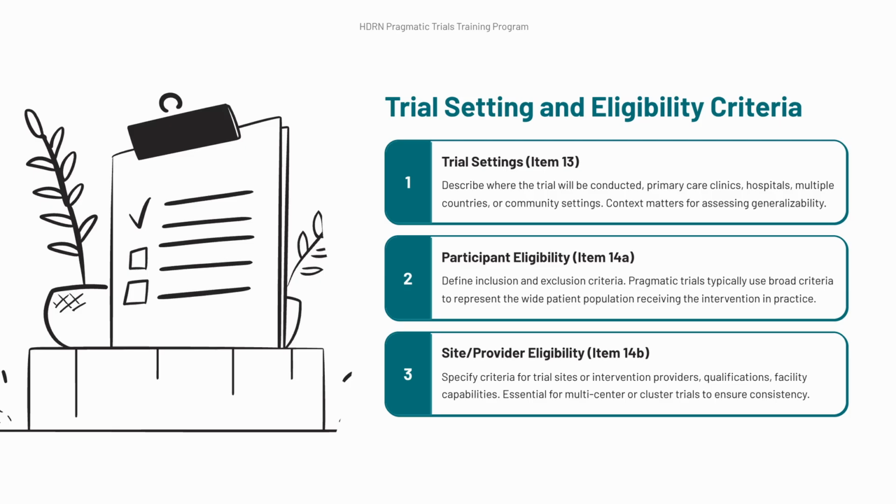Next, items 13 and 14, where we describe the setting of the trial, the context, locations, and eligibility criteria that allow readers to gauge the trial's generalizability. The inclusion and exclusion criteria should be justified by their necessity, while factoring in how these might affect the trial's level of pragmatism. Broad criteria ensure the trial population is closer to the target population.